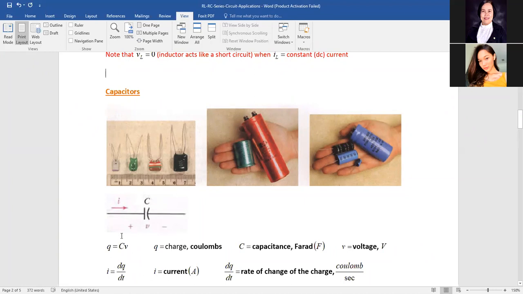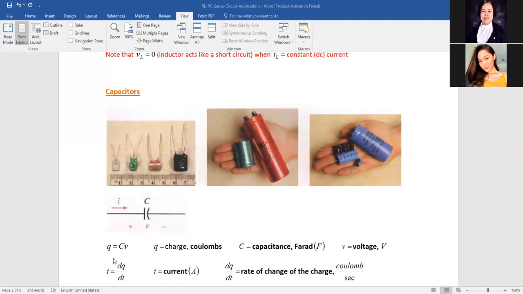So the charge in the capacitor Q is equal to its capacitance in farad multiplied by the voltage drop across your capacitor.